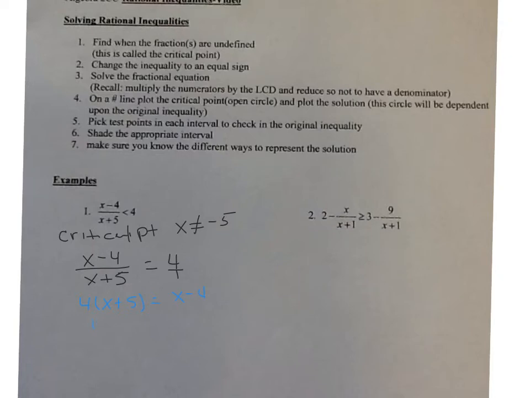Distribute the 4: 4x plus 20 equals x minus 4. Subtract the x from both sides. We get 3x plus 20 is equal to -4. Minus 20 from both sides. We get 3x is equal to -24. So x is equal to -8 when you divide both sides by 3.